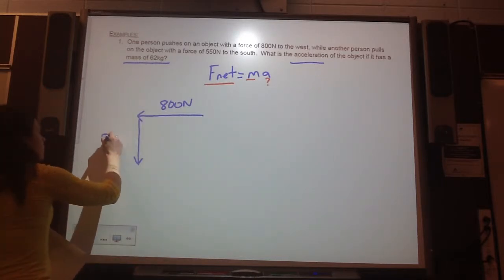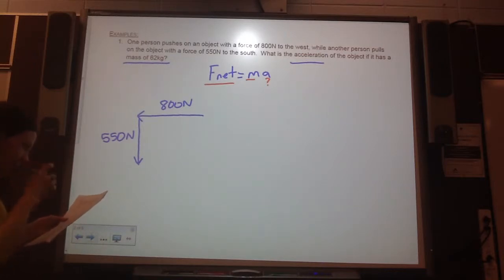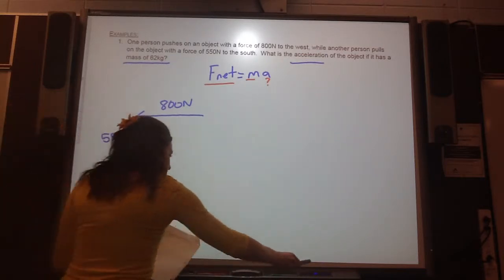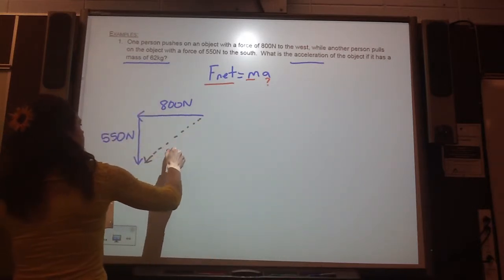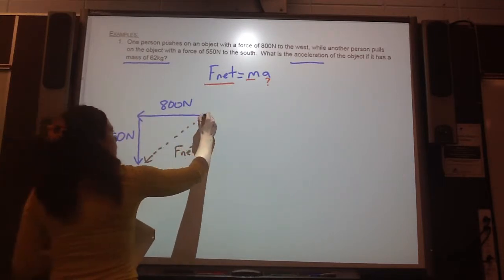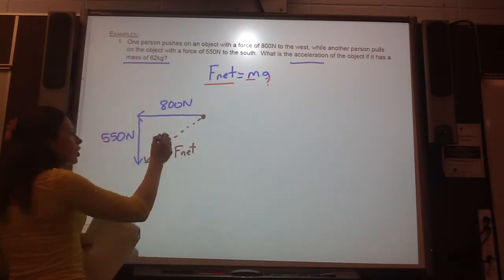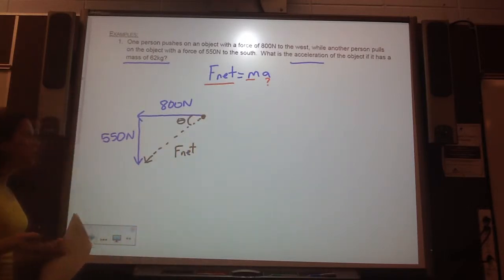Okay, so this is 550 newtons. So overall, this black line here, this is my F net. Now always start, the angle that you're trying to find is where you started from. So that would be the angle that you're looking for.